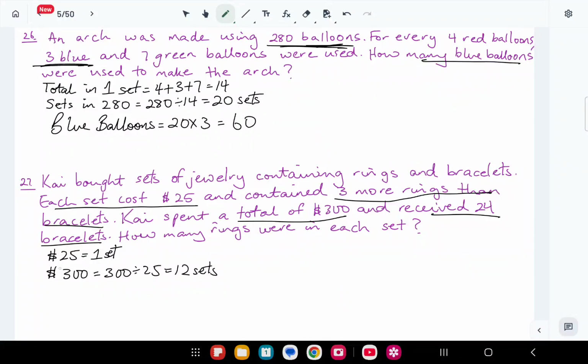So we know when he got the 12 sets, he got 24 bracelets. So 12 sets is equal to 24 bracelets. So that means one set would be 24 divided by 12, which is equal to 2 bracelets.